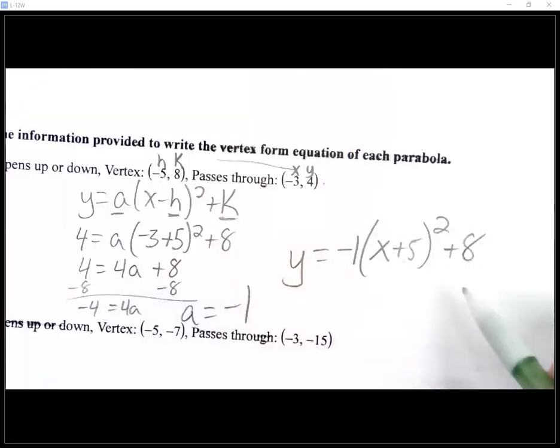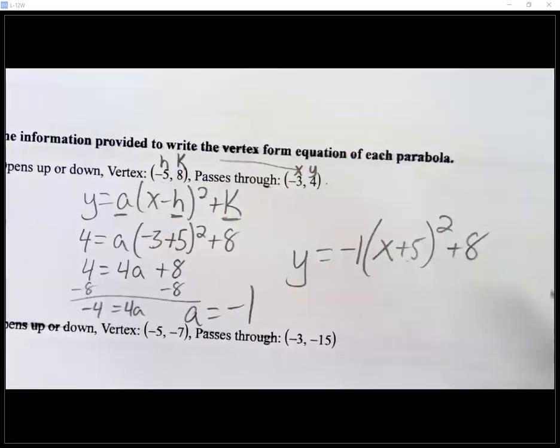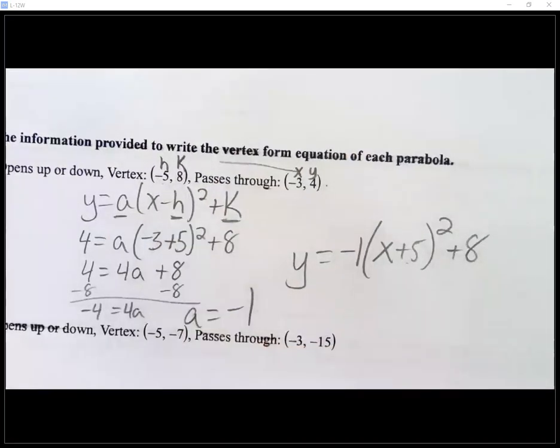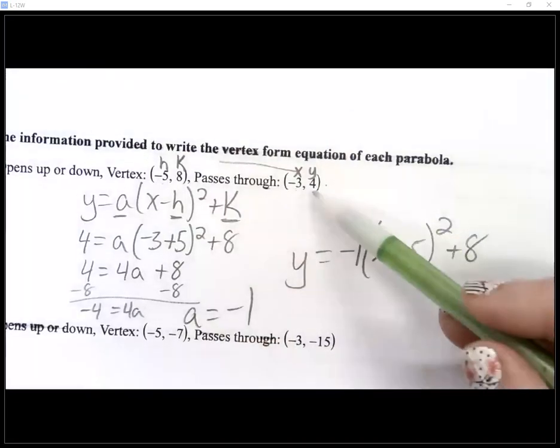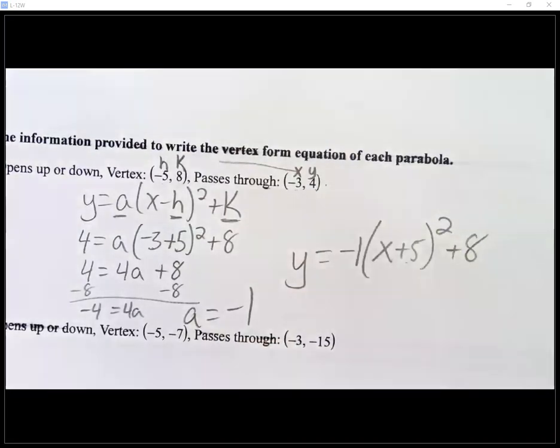Oh, that's exactly where they are, -5, 8. Yes. You can super check yourself by plugging in -3 for x and making sure that a +4 comes out for y. We're okay so far? Everybody all right?